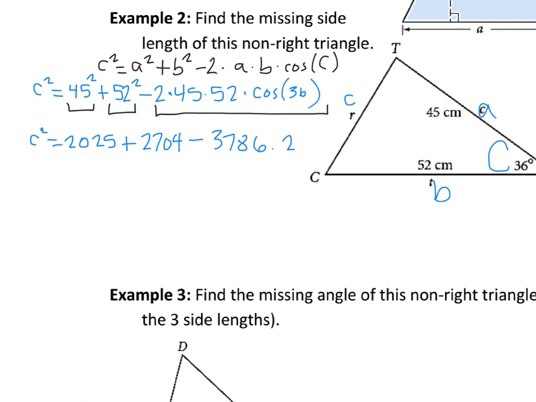So now you go ahead and add and subtract. And we get c squared equals 942.8. To get c by itself, we square root. So c, and since we have to round, is about 31. And this is centimeters.